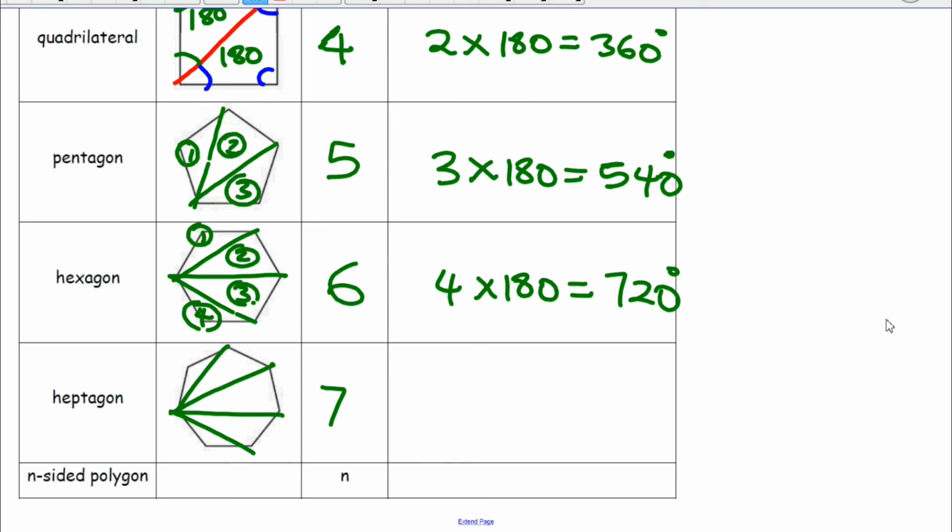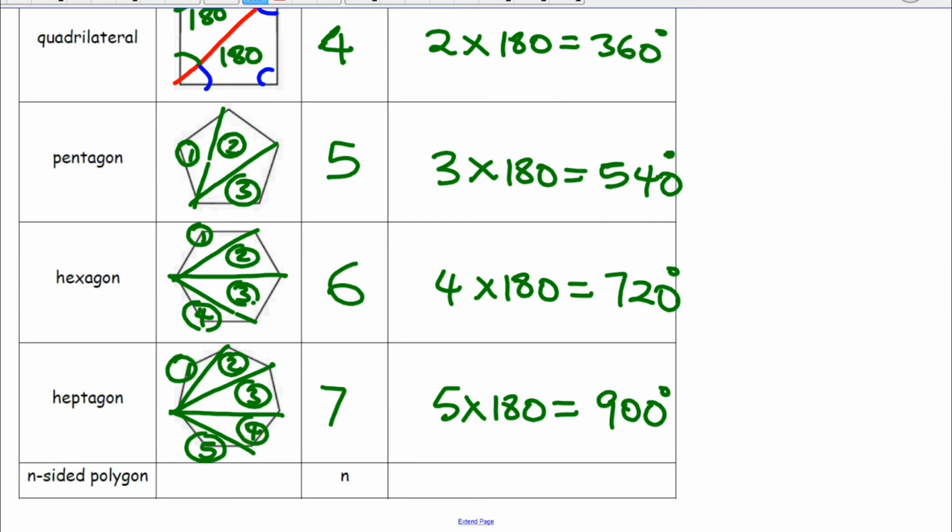So again, you can notice I have 1, 2, 3, 4, and 5 triangles. So the sum of interior angles will be 5 multiplied by 180, which will give me 900 degrees. So the sum of interior angles of a heptagon will be 900 degrees.